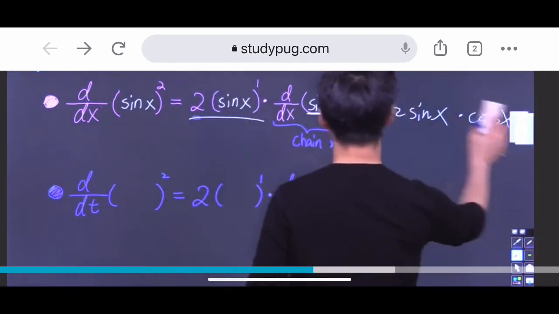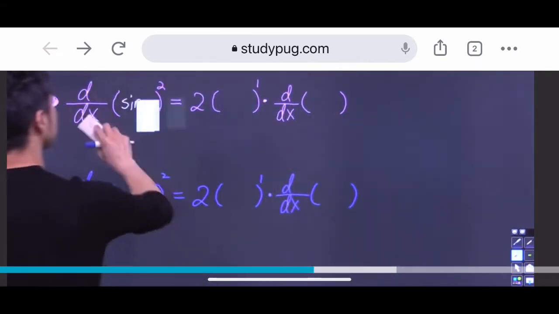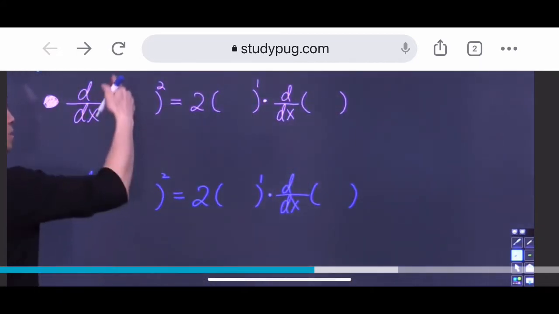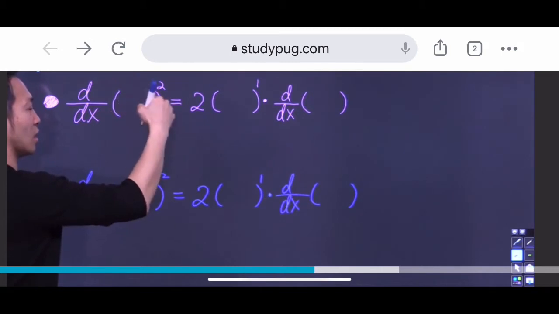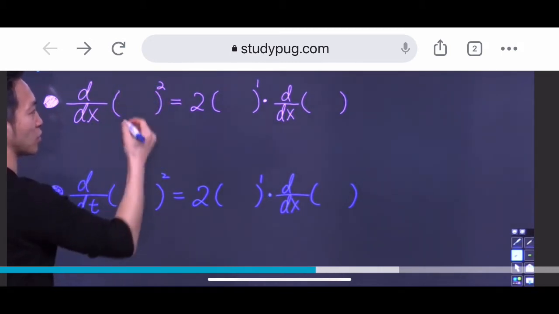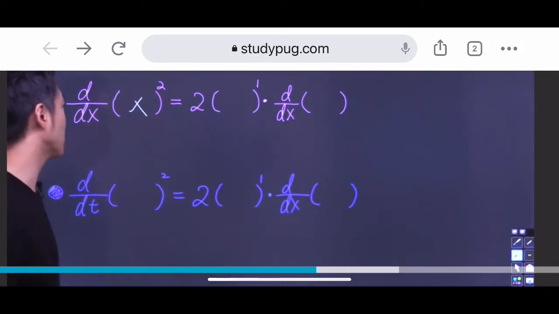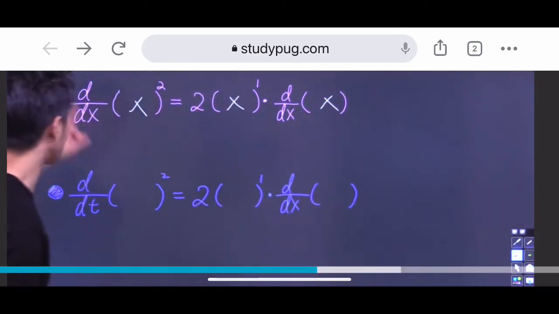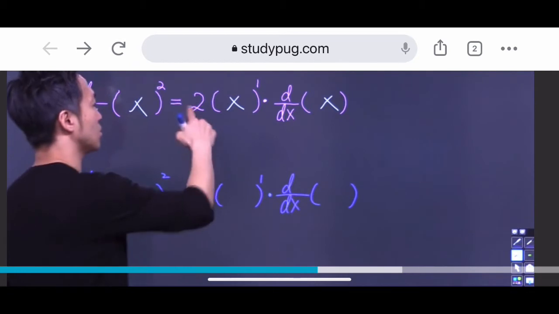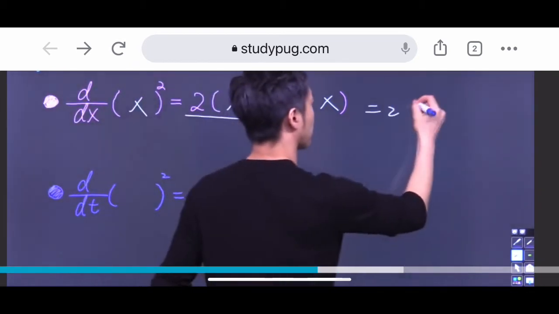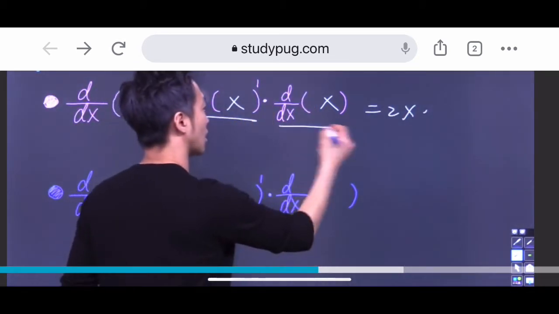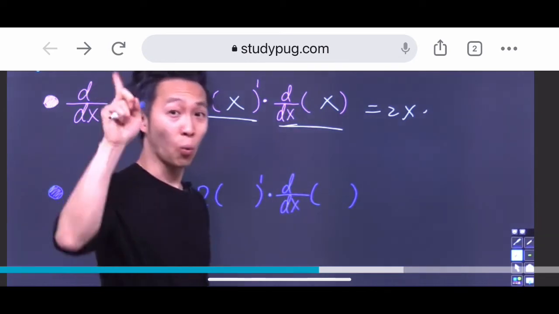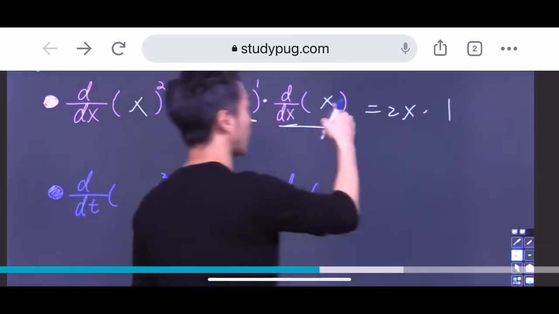Now, how about the function inside the bracket being x? That's even easier, right? The derivative of x squared is 2x times the derivative of x, which is just 1.